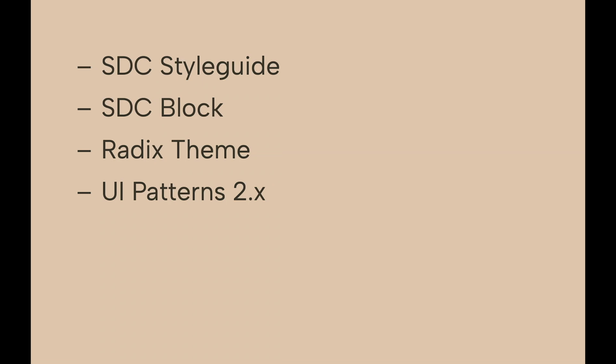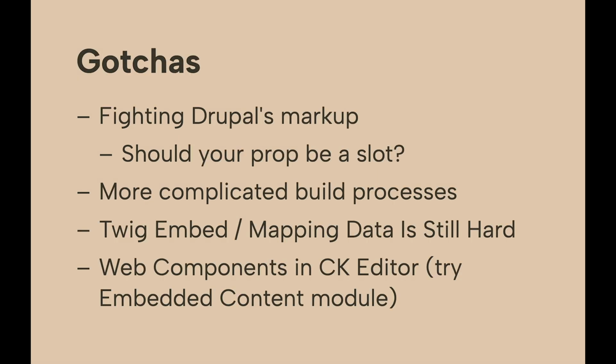And then the UI Patterns suite of modules, which was kind of a past approach at being able to represent components in Drupal. The 2.x version of that also uses single directory components. So if you're looking for more complex examples, those would be great places to look.